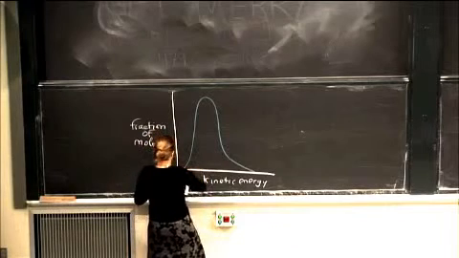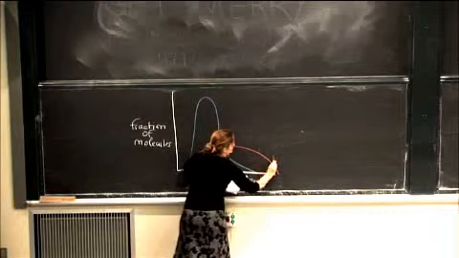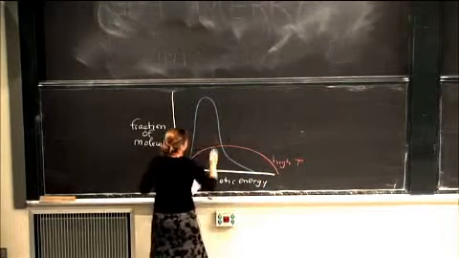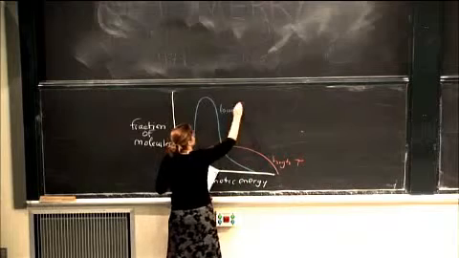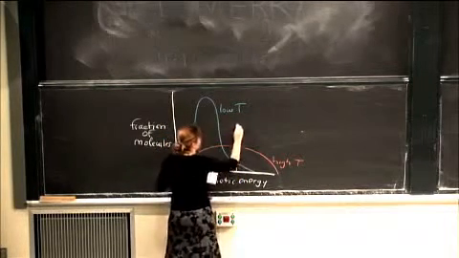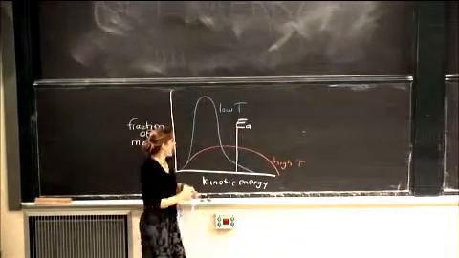And let's think about at a higher temperature. Go like this. So this is high temperature. And we have low temperature up here. And then over here we would have our activation energy, the energy needed for reaction.